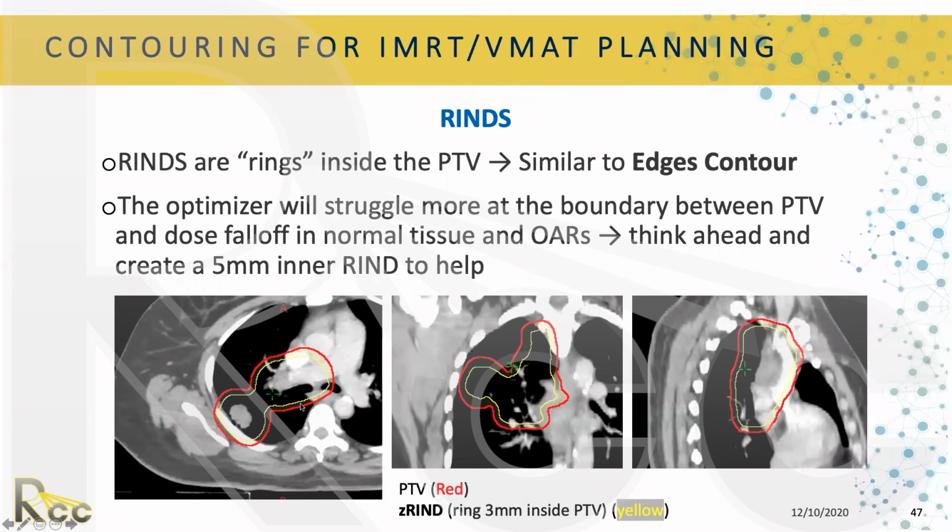Let's not call it ring because it can be confusing, inside the PTV. And that actually will help you when the optimizer will struggle with the borders of the edges of the PTV. So basically, whatever I called before edge contours is what many people call rinds. You will see that in different places, that's why I wanted to put it here separately, but it's basically a similar concept to the edge contours.